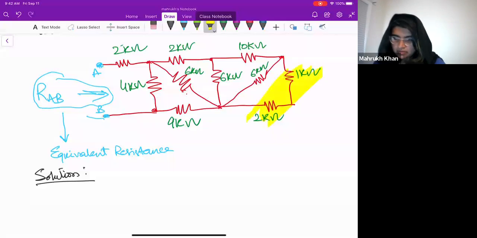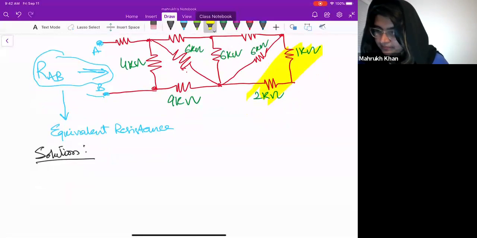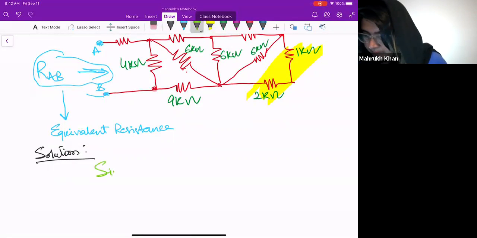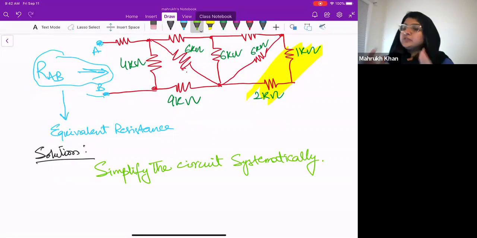So I will simplify, right? First combine these two resistances. What do you think these resistances are? They are in parallel, they are in series, what do you think?